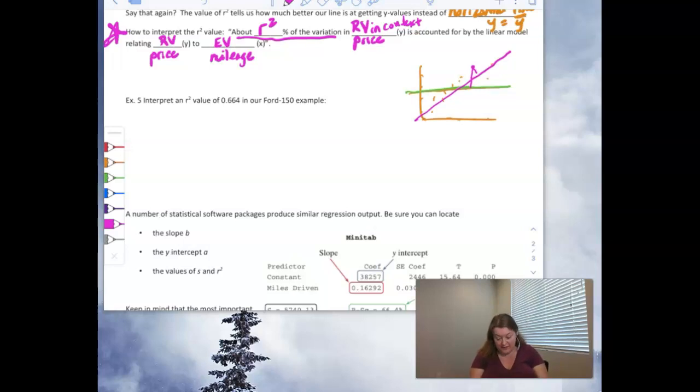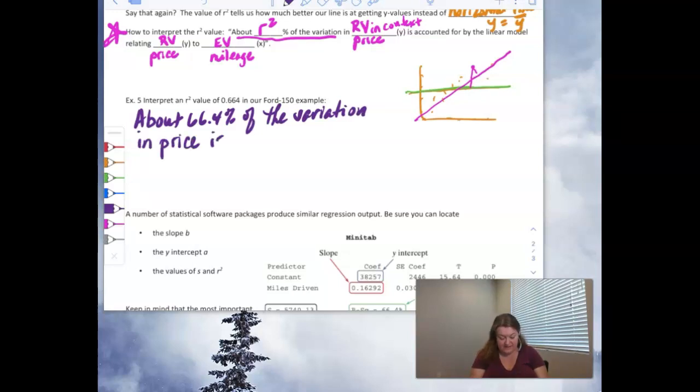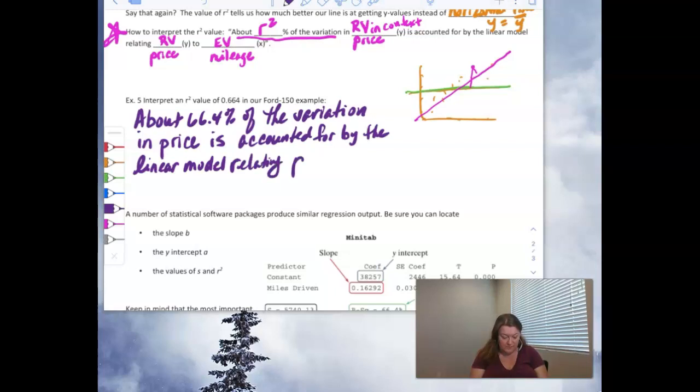So we would start out with about 66.4% of the variation in price is accounted for, you could say is attributed to, is assigned to, is accounted for by the linear model relating price to mileage.